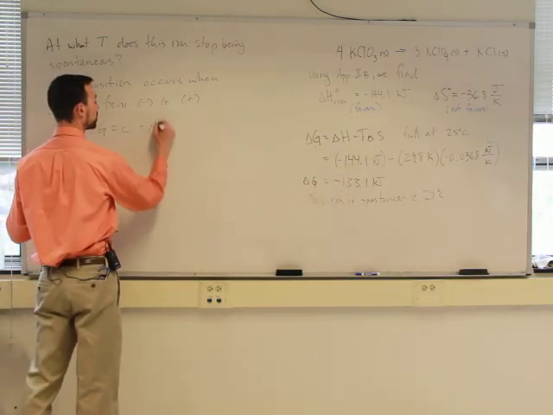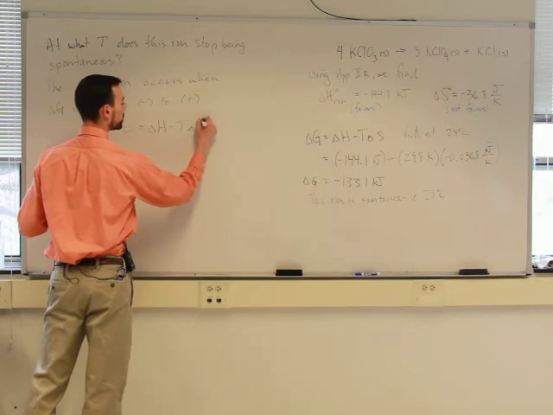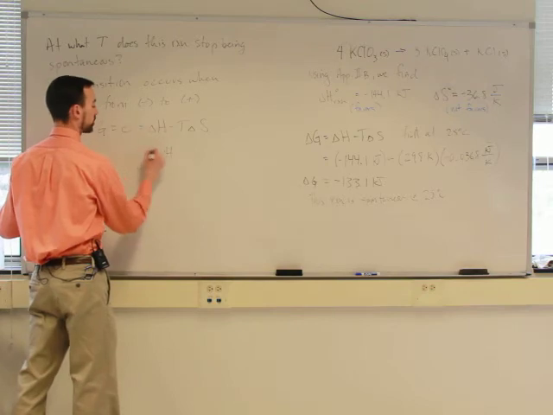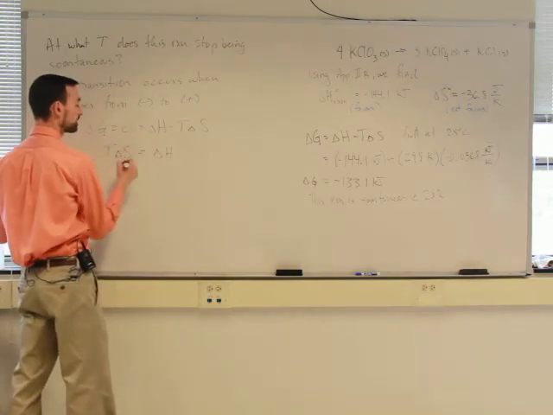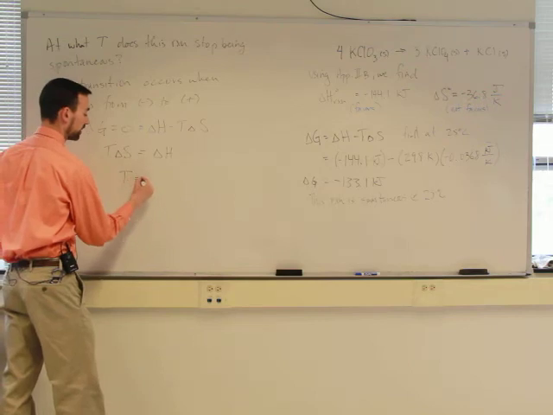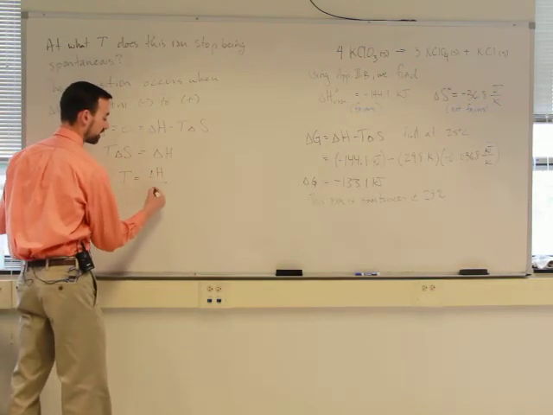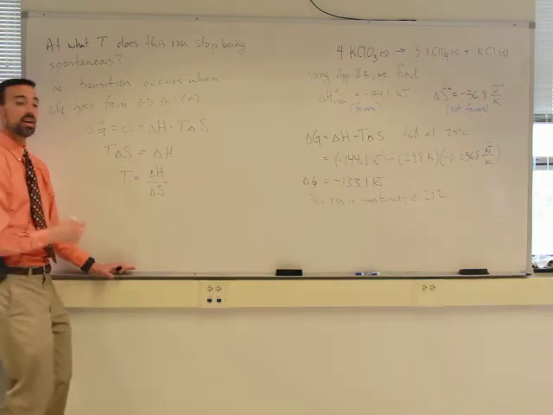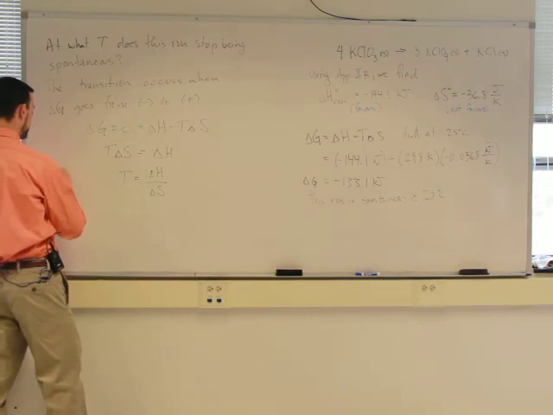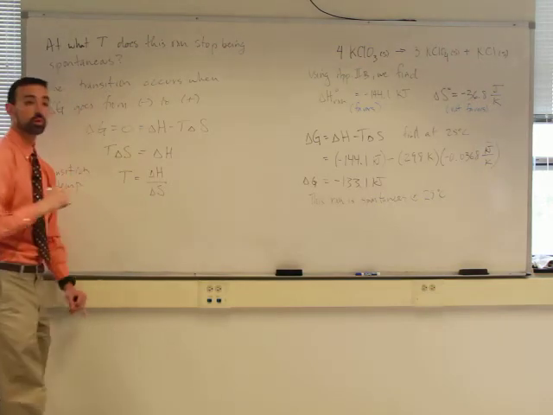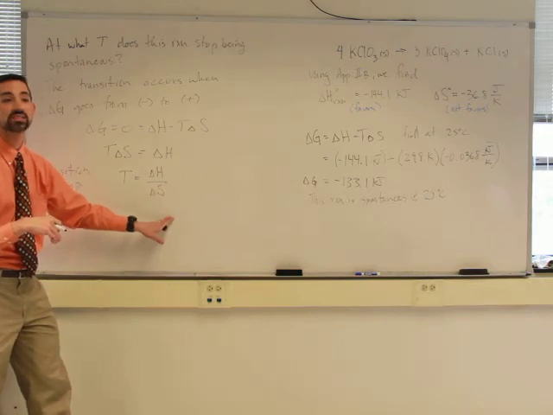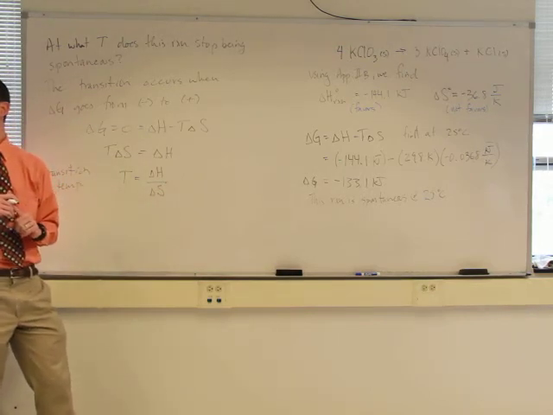So if we set delta G equal to 0 and use our T delta S, what we find is that delta H equals T delta S. So the temperature that this transition occurs at is the delta H divided by the delta S. And this formula is the transition temperature. It's how you can quickly find it, not just for this one, but for any reaction where you know the H and the S. This is how you find the transition temperature.